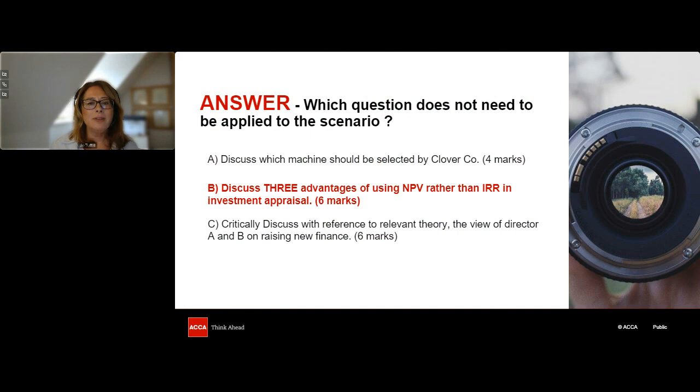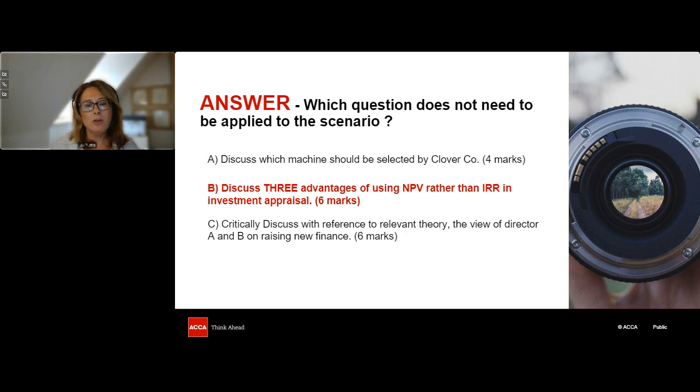It doesn't have the name of the company in the question, or make a specific reference to part of the scenario, i.e. the view of the director, which is the 3rd one. So B is a general question, and you just need to use your own examples to explain 3 advantages of using NPV rather than the IRR.